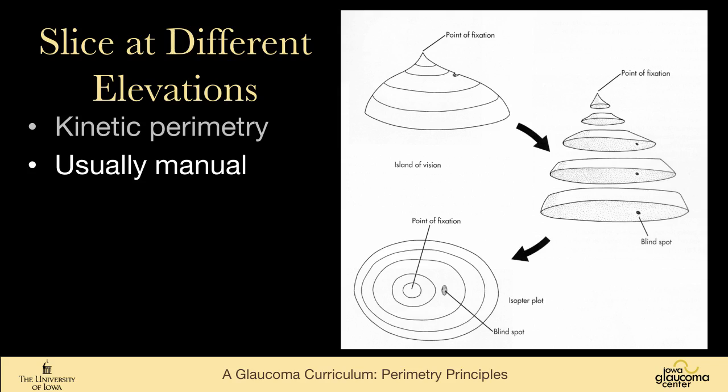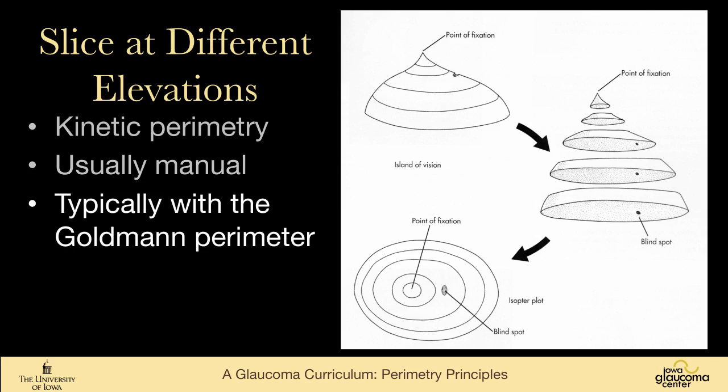This kind of testing is generally done manually, although it can be done by automated perimetry. And typically is what we do with the Goldmann Perimeter. So people talk about Goldmann Perimetry. It's really not accurate. It's manual kinetic perimetry, meaning it's done by hand and the target is moving.